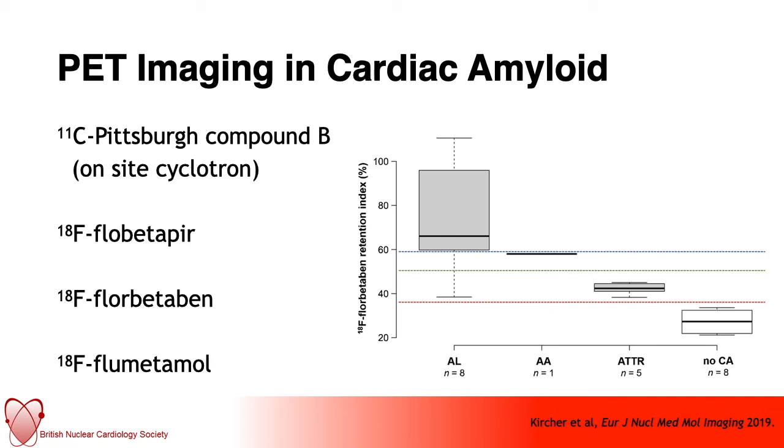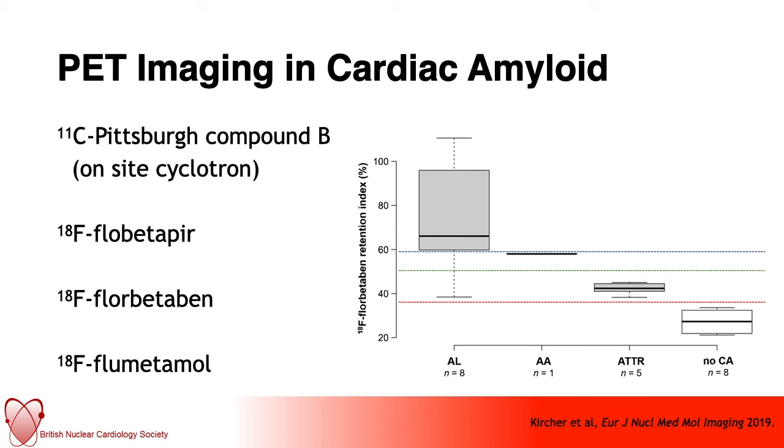Now you can see that generally speaking these have higher uptake, and you can see the graph there for florbetaben, generally have higher uptake for AL as opposed to TTR. So it's almost, if you like, the converse of DPD in bone scintigraphy, as we've previously discussed.